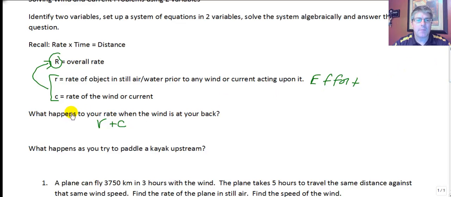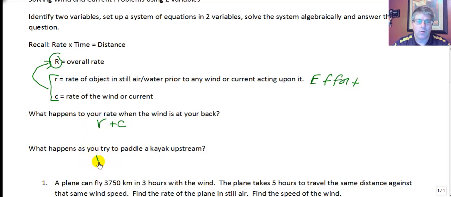Whereas, what happens as you try to paddle a kayak upstream or you ride your bike against the wind? Mathematically, how does that impact your effort or your overall rate? Well, hopefully you realize that will slow you down.